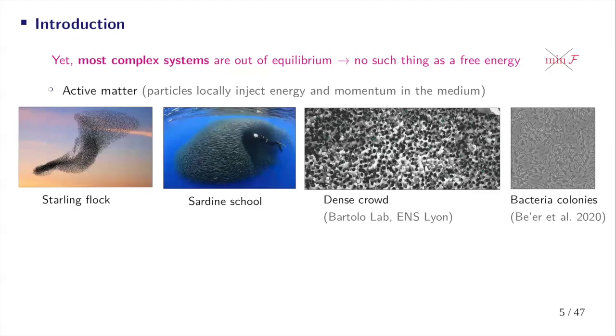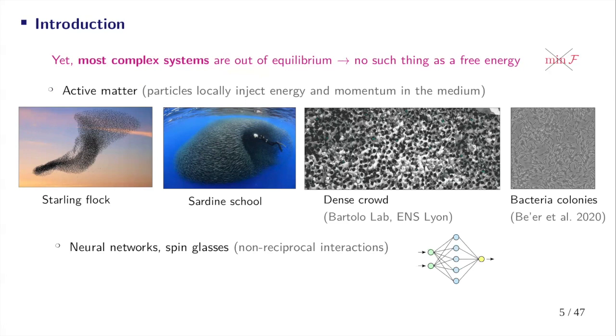The systems I'm talking about are typically active matter systems, where particles locally inject energy or momentum into the system. These are very recent examples, very funny ones, of dense crowds and bacterial colonies. More old ones are neural networks and spin glasses, and the ones we're interested in today are socioeconomic systems.